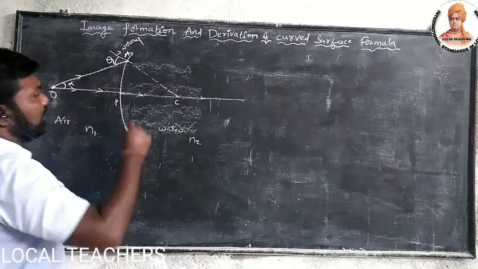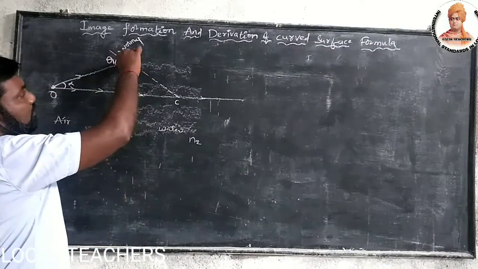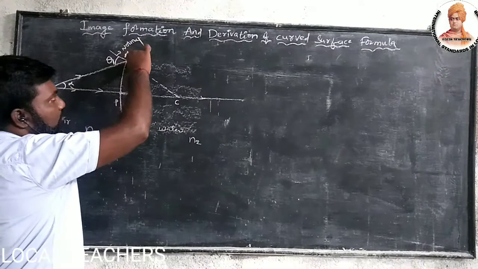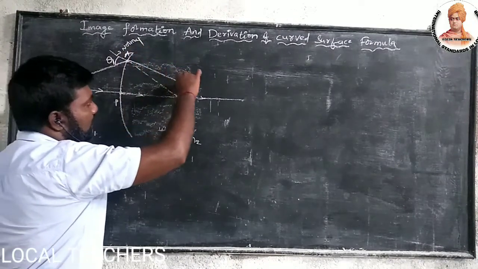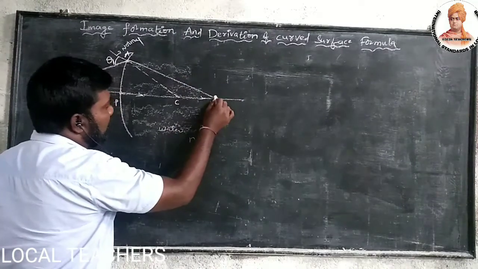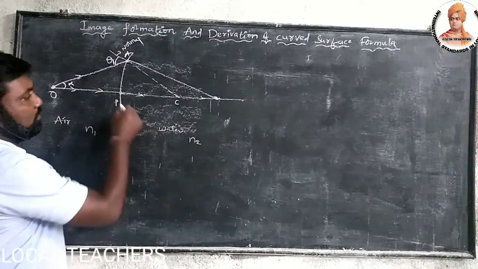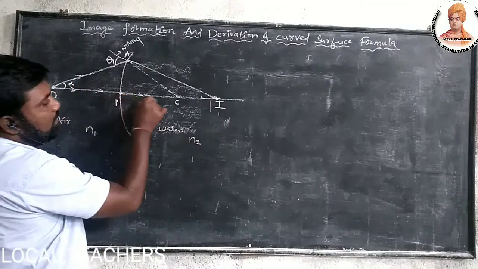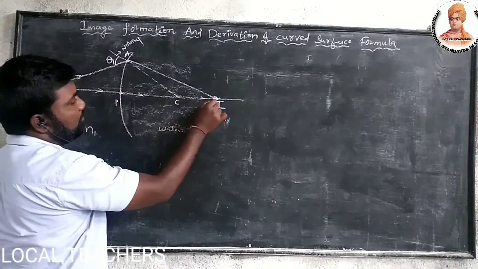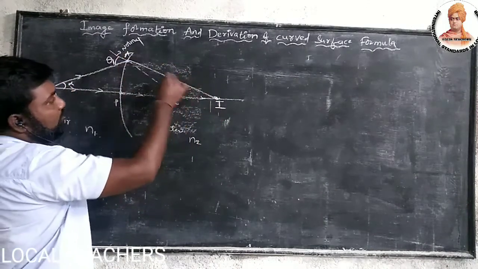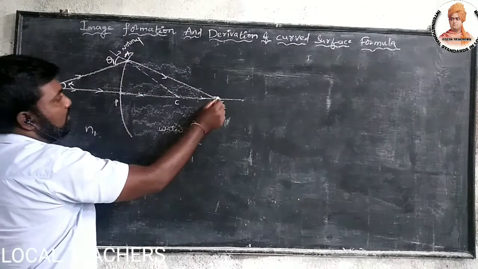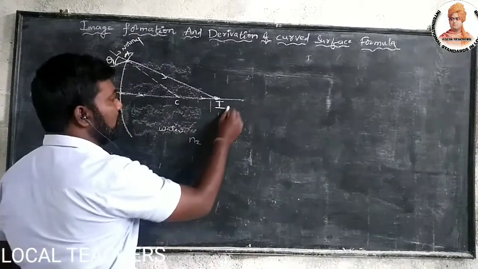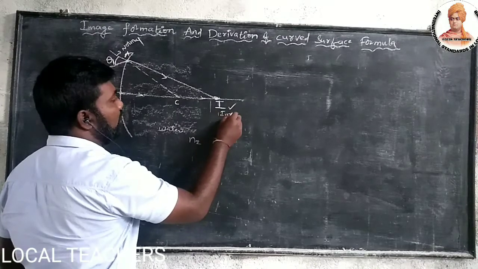Okay, so I am drawing the refracted ray for this incident ray 2. After incidence it will move like this and reach the principal axis at a point, which I consider as I. This is the first refracted ray P and I, and this is the second refracted ray A and I. These refracted rays meet at point I, so here the image will form.